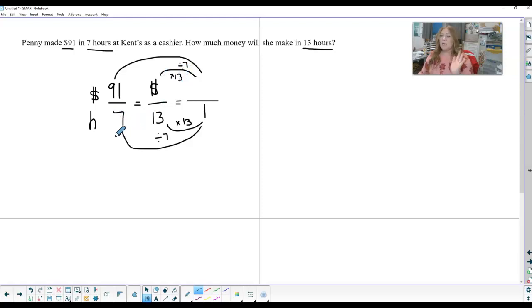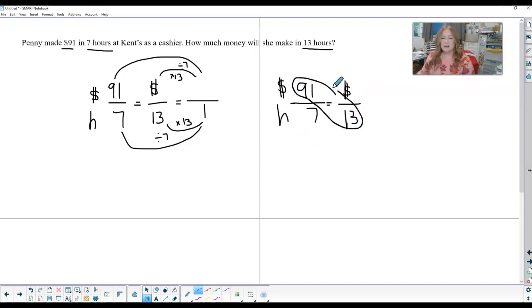What we do to one, we do to the other. I can also take the $91 in 7 hours and get the money all by itself by moving the 13 to the other side. Opposite of divide is times. So 91 times 13, and then we'll cut it into 7 groups, and we'll get the money made there.